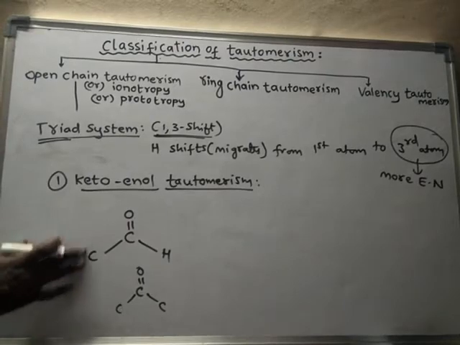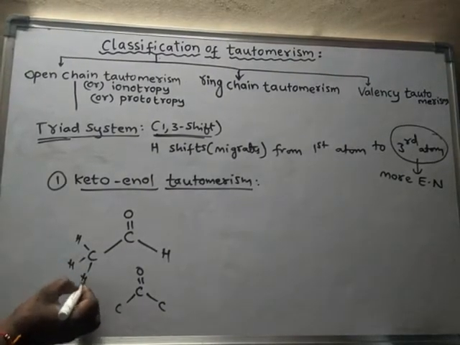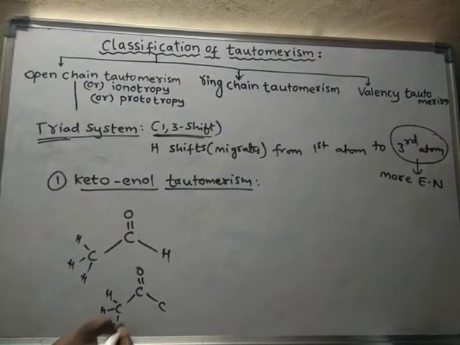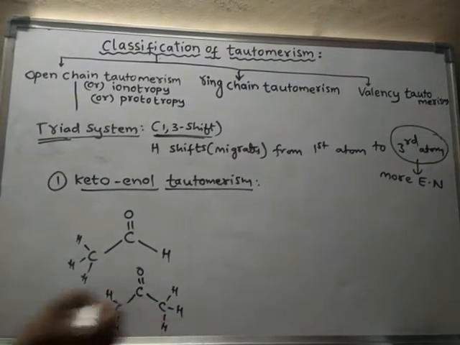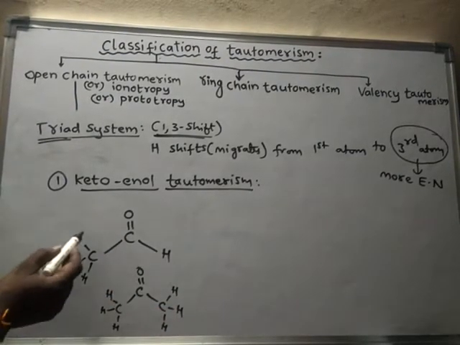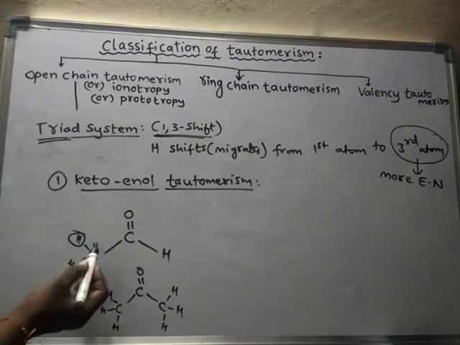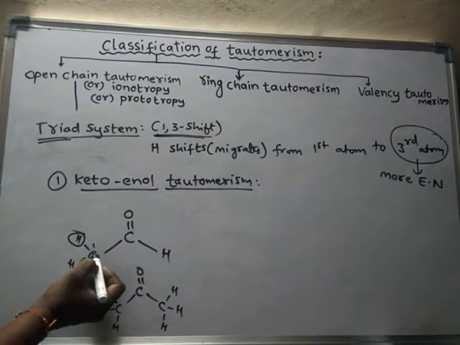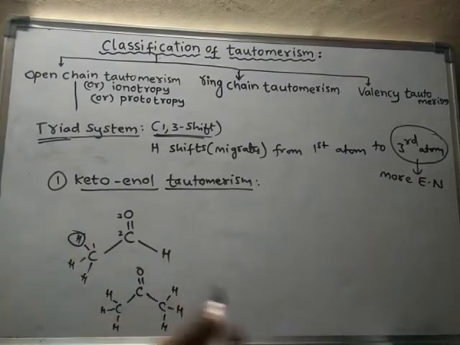So actually these are the three hydrogen atoms. The hydrogen atom attached to the first atom will move. This is the first position, second position, and this is the third. Already we have learnt.